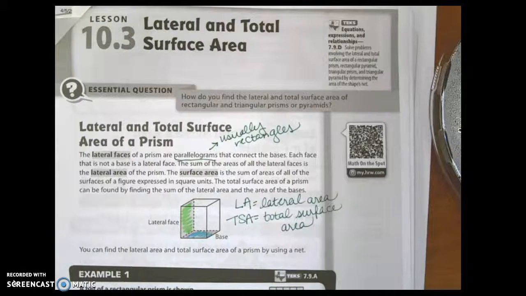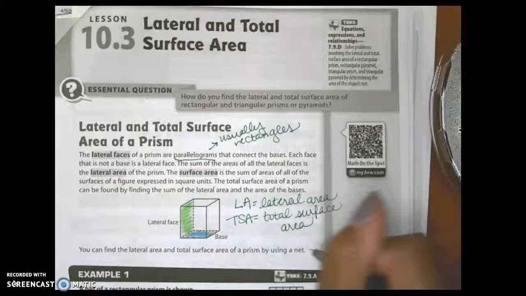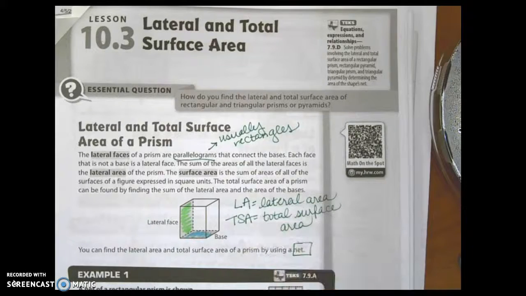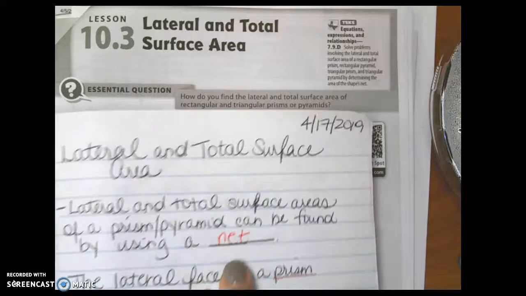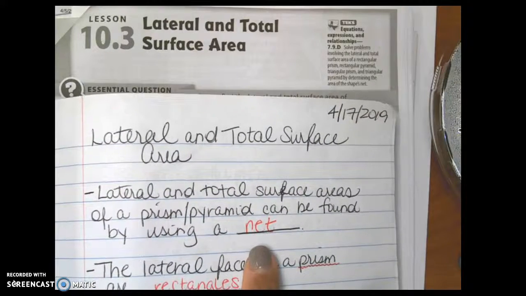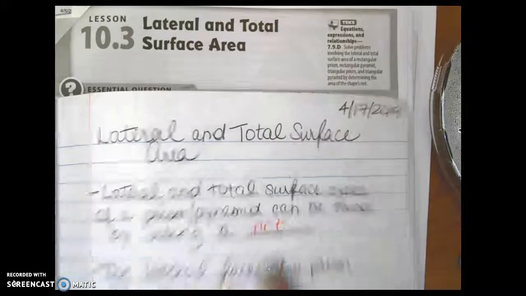Keep that in mind. You can find the lateral area and total surface area of a prism by using a what? A net. Pretty sure I gave that to you in your notes as well. Boom, net. Lateral and total surface area of a prism or pyramid can be found by using a net.